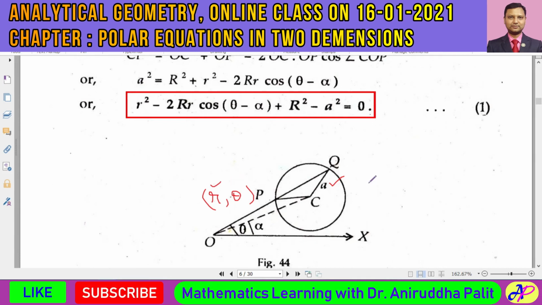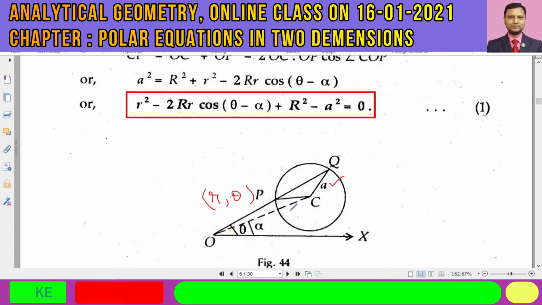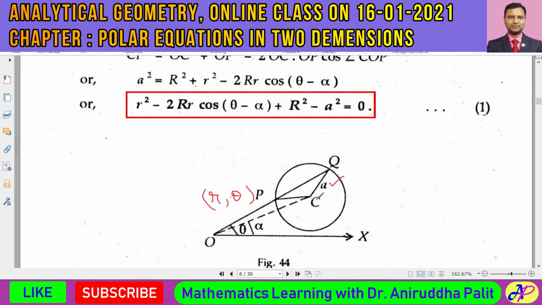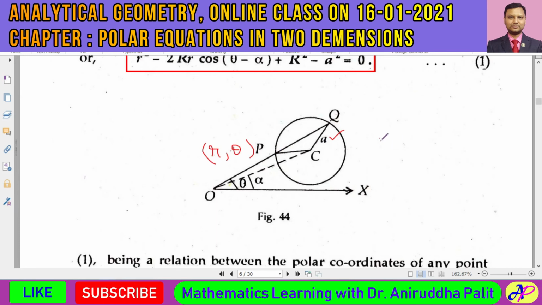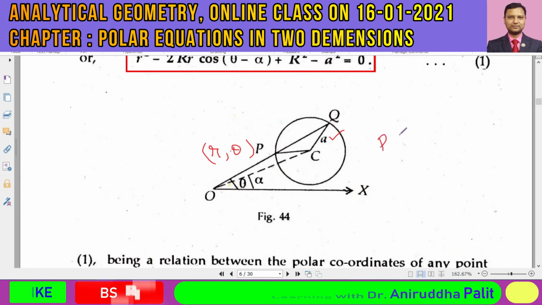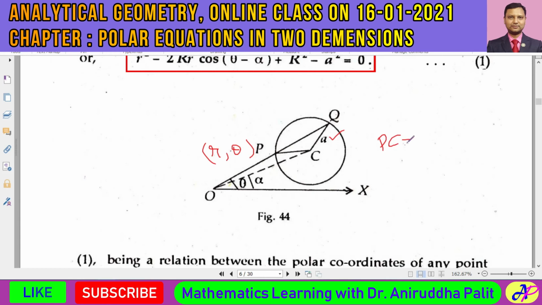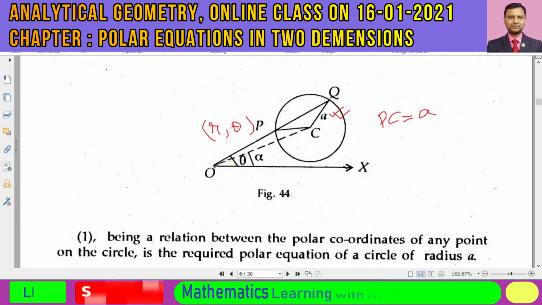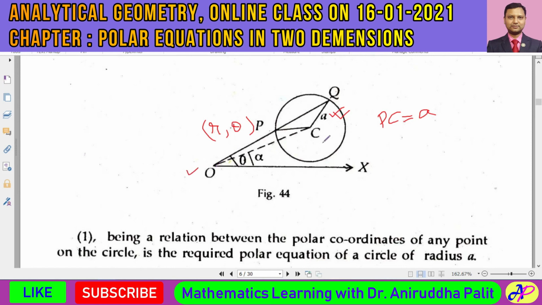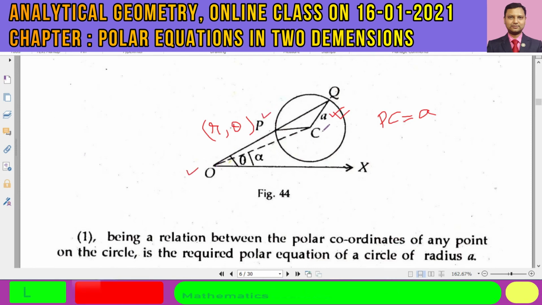You can join this point P and this point C. In that case, this distance PC should be equal to the radius of the circle. And what is the radius of the circle? Radius is equal to small a. Therefore, you can consider the triangle OPC.